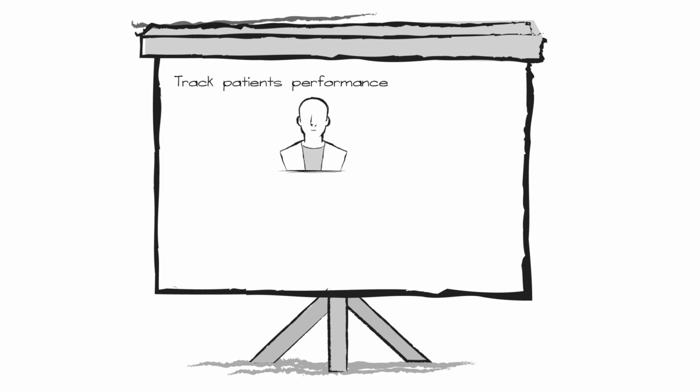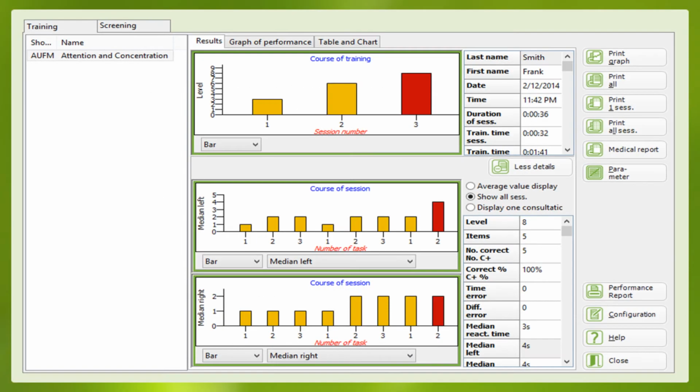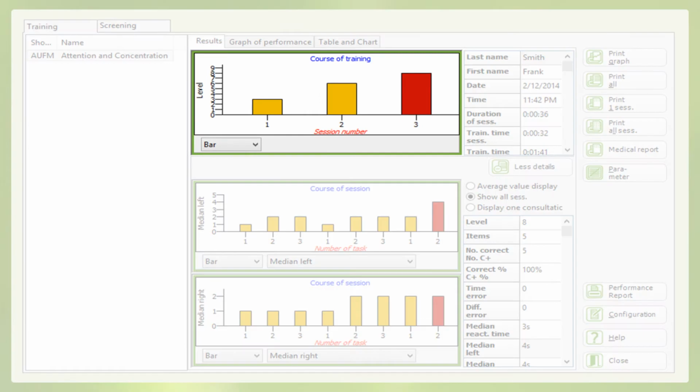All therapy data is saved automatically in a patient's database, so it's easy to track the progress of a patient's performance. The results window allows different views of the patient's therapy data. The top diagram shows an easy view, which just tracks the course of the therapy by 1 bar each training session.